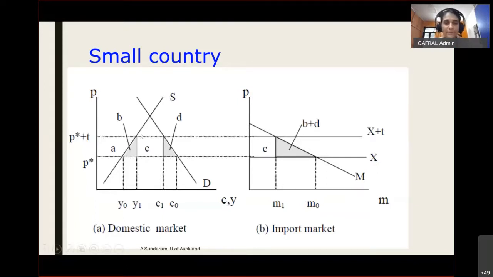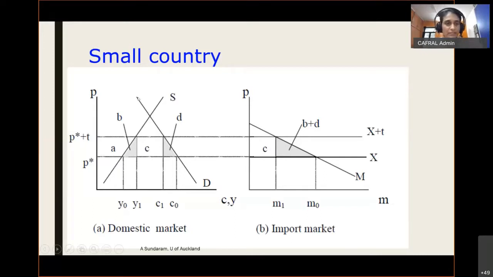So let's look at what happens to welfare, because that's where we are going with this, right? We want to know if a tariff is good or not. So to look at welfare, we are going to look at consumer surplus, producer surplus, and government revenue collection. So let's look at consumer surplus. Consumer surplus is the area above the price and under the demand curve, right?